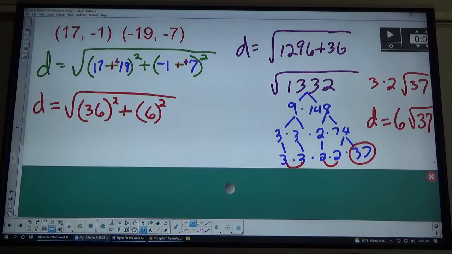And that's as simplified as I can make it. We can approximate the answer, but this is simplification. Approximating is rounding to a decimal place. Simplification is leaving it in simplest radical form. Now it's good to see this again because it's been a while since we looked at these simplifying square roots.